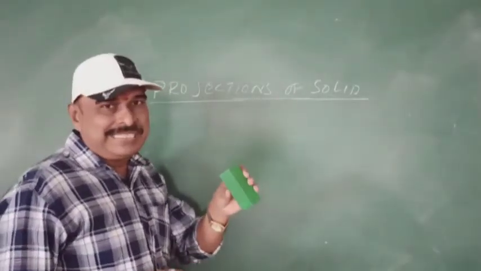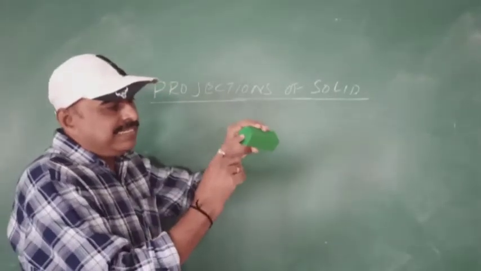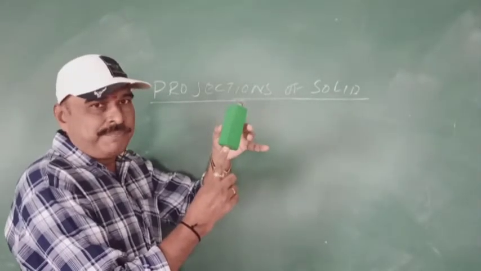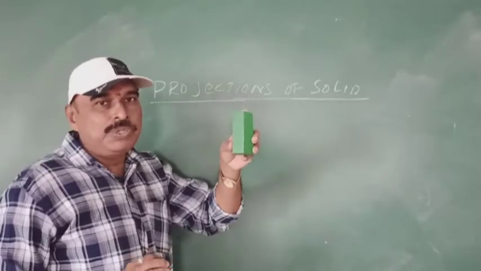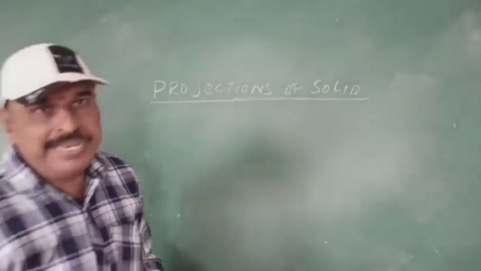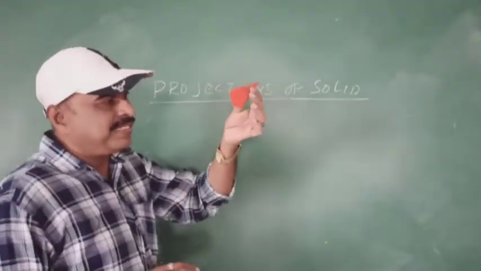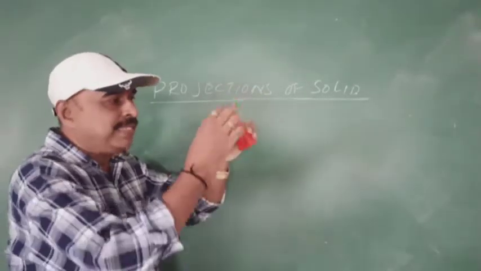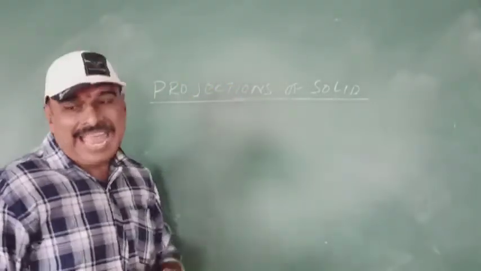What is the axis? It is an imaginary line connecting the center of the top face and the center of the bottom face in the case of prisms. In the case of pyramids, it is an imaginary line connecting the center of the base with the vertex, and that is known as the axis.